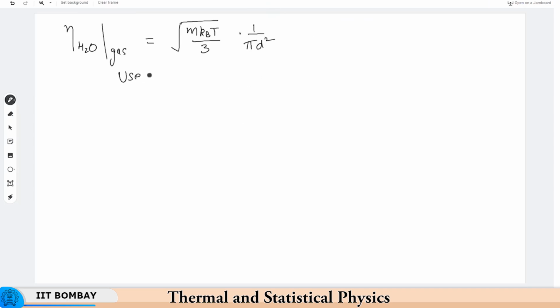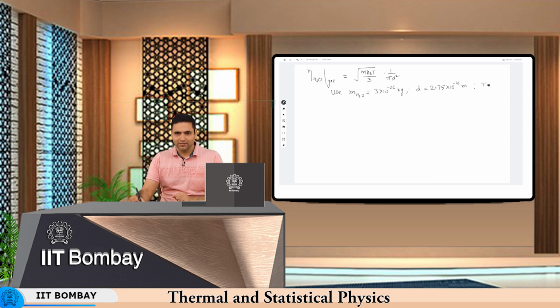If we use the mass of the water molecule to be something like 3 times 10 raised to the power minus 26 kilogram, and the size of the water molecule to be 2.75 angstrom, which is 10 raised to the power minus 10 meters in SI units, plug this in, use the value of the Boltzmann constant, and let us say the temperature is 400 Kelvin or something like that, where you are in a gaseous phase, then you get the viscosity of water to be around 10 raised to the power minus 5.